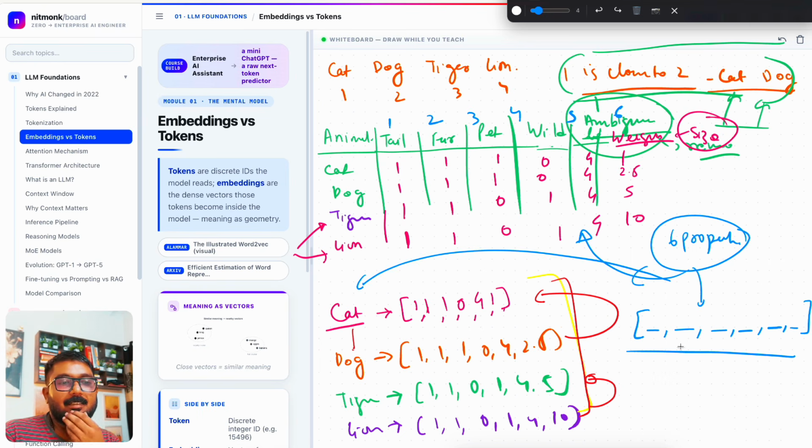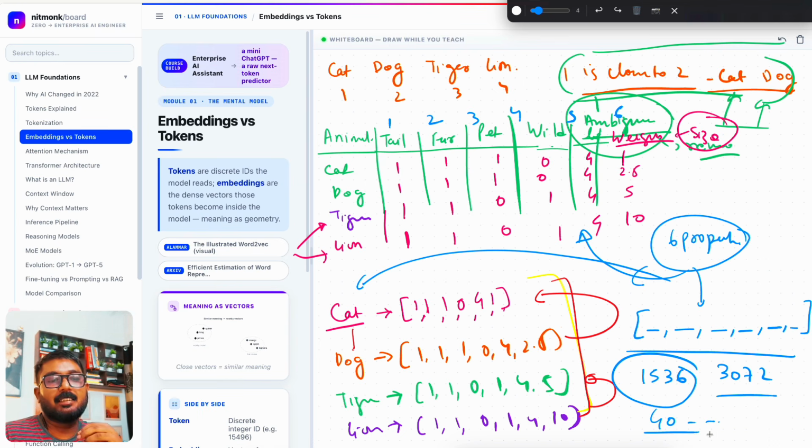Now if you try to make these properties bigger and bigger, I'll give you a number, then you'll understand it exactly. I'll say I'll give 1536 properties. This is exactly the embeddings that we do, right? That we do with the OpenAI text small model. If I say 3072, these are the embeddings that we do. There are also 4,000-something embeddings for the bigger ones.